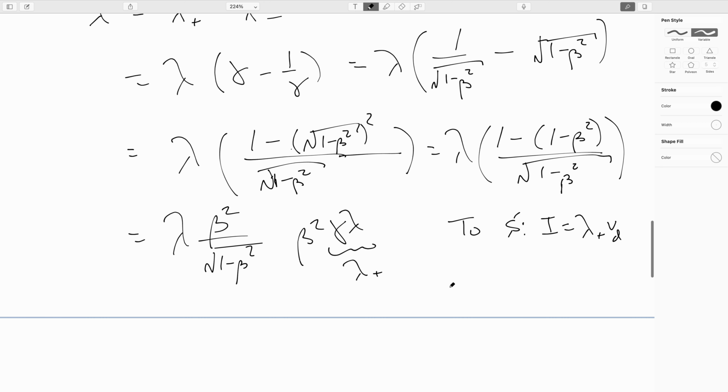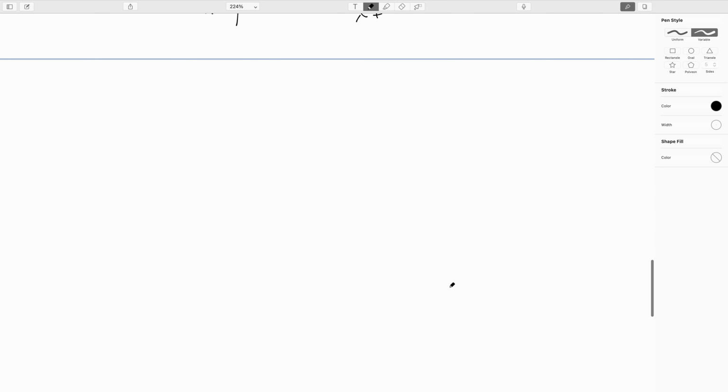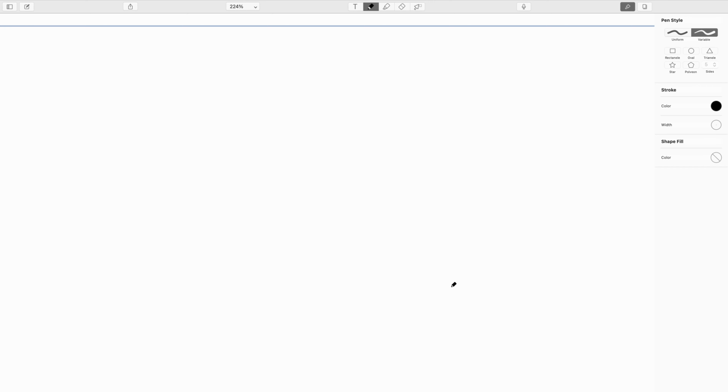All right. So putting that in, lambda prime then is beta squared times I over V. And beta squared is V squared over C squared. So this is IV over C squared.